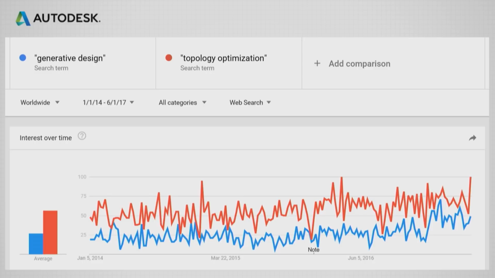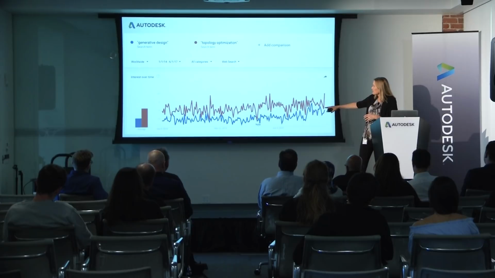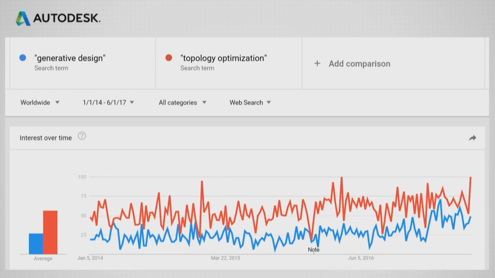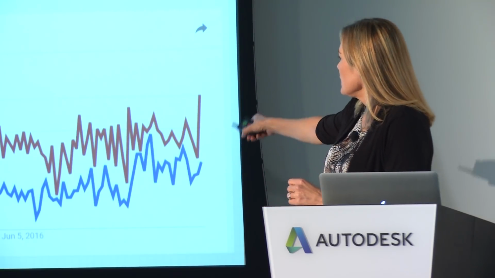Those of you with mechanical engineering backgrounds will be familiar with the term topology optimization. Generative design is trending up. Right, I'm seeing a trend up in that term. And I started in 2014. We at Autodesk have been talking about it for about 3 or 4 years. And you see it's trending up.